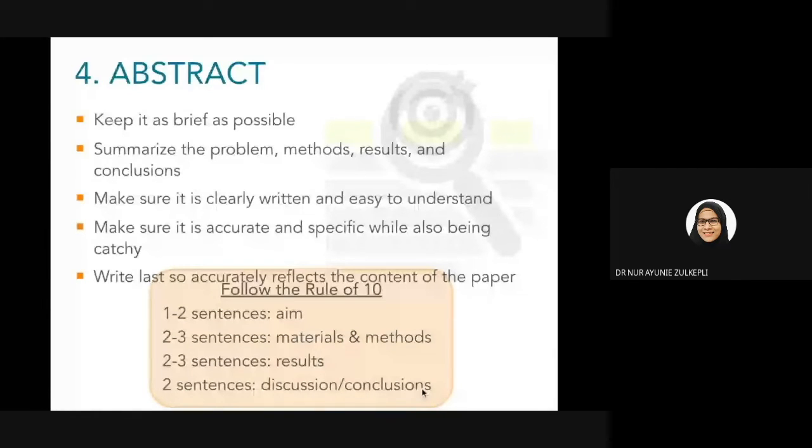In the abstract, we have to keep it as brief as possible, but you need to summarize the whole SLR structure in that abstract. You can practice this whenever you want to generate a systematic literature review for publication. Okay.